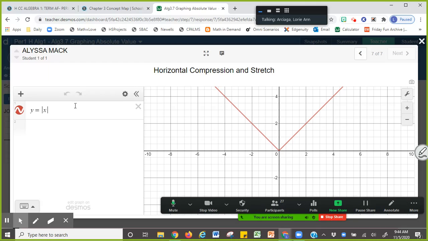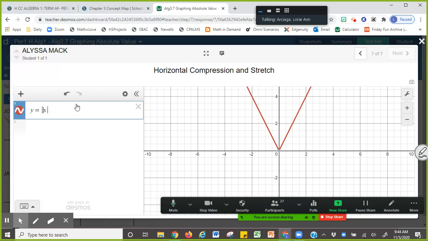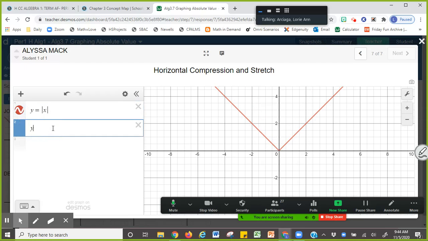Okay, so now for horizontal, this time you're gonna put the values inside or in between the absolute value bars. So let's say on Alyssa's, I put the 2 inside. Okay. So did it move closer or farther from x? Or maybe I should separate it so you can see the difference. y is equal to absolute value of 2x.